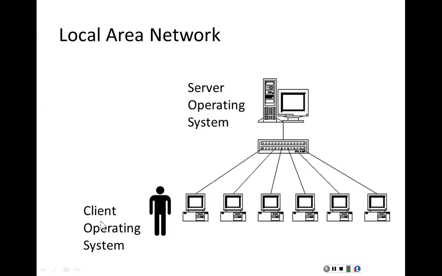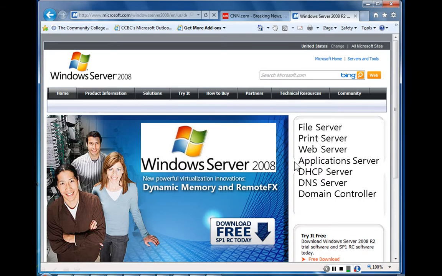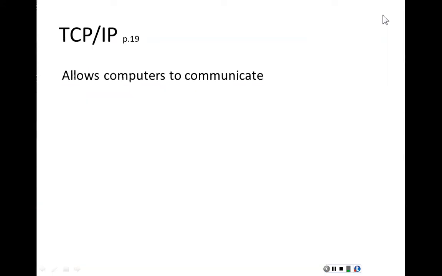And the client has an operating system, and then the server has an operating system as well, and that's called the server operating system. It's also called the network operating system, and of course an example of that would be Windows 2008 or Windows 2012 server.